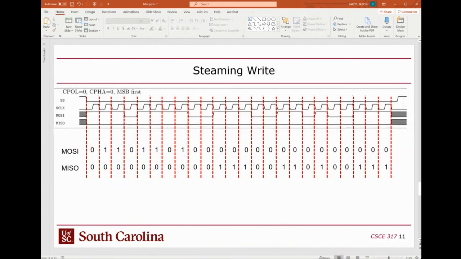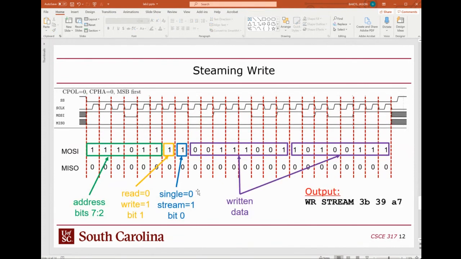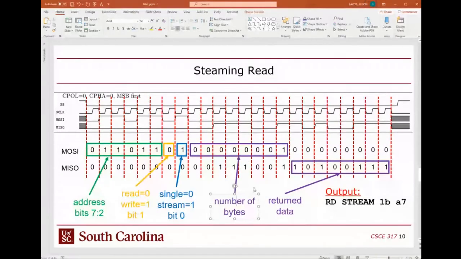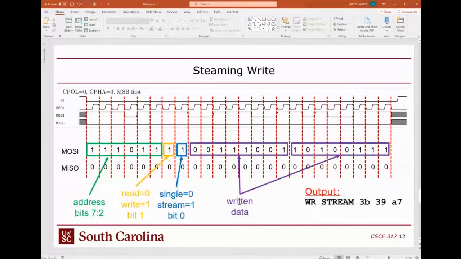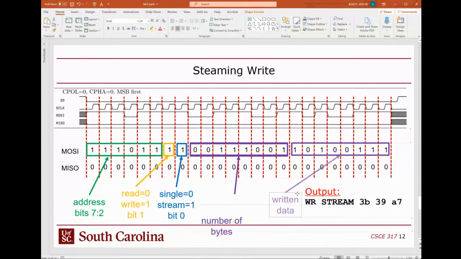Okay. And once again, when you write, it would be the same thing. So let me just update my picture here to show that. Move this over here. There we go. Okay.